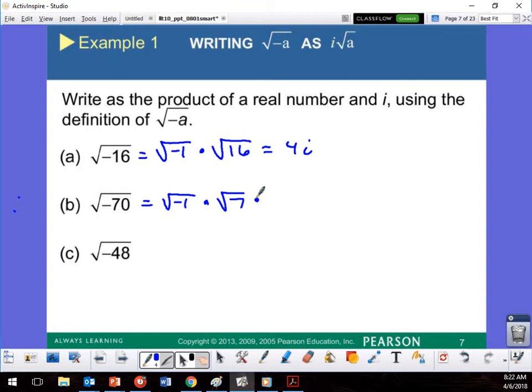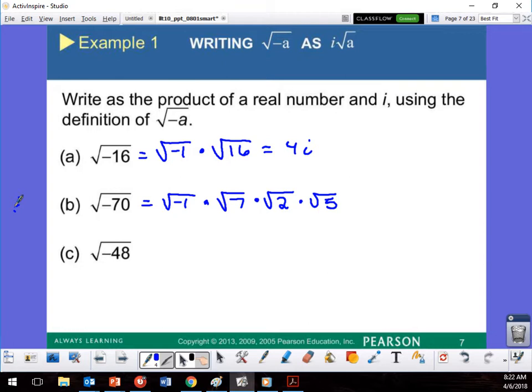But is 10 factored completely? No, that's 2 and 5, isn't it? Those are prime numbers. They cannot factor any further. So this number, 70, breaks down into 7 times 2 times 5.